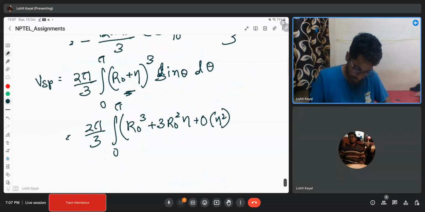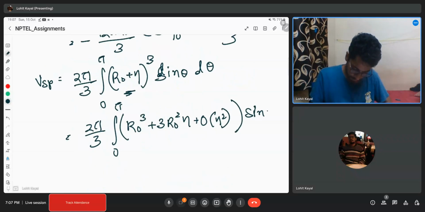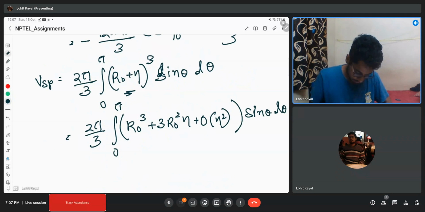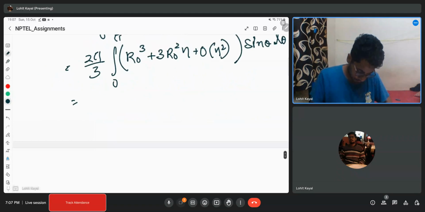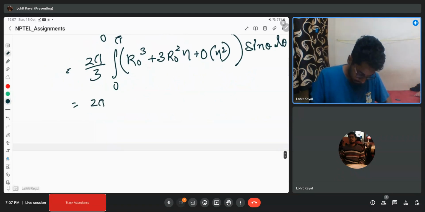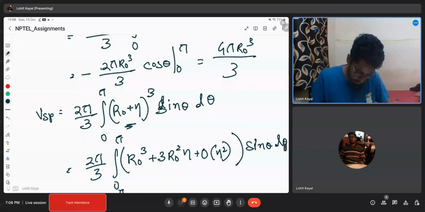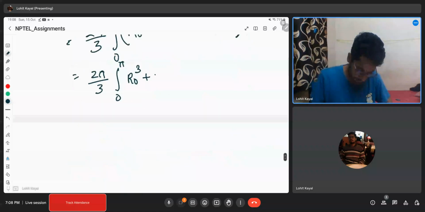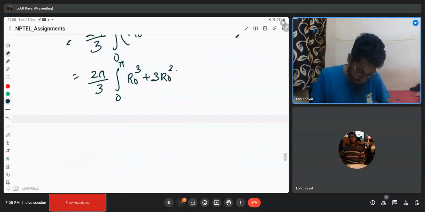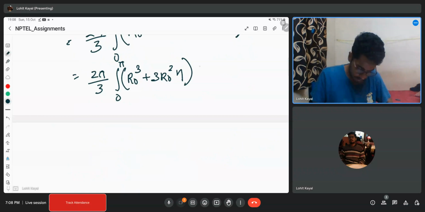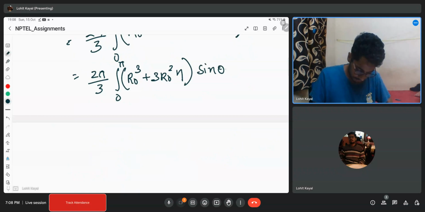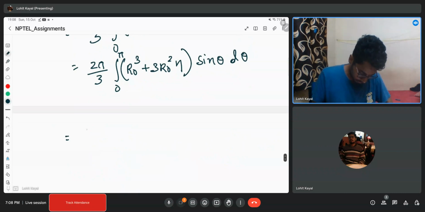We will consider only the linear terms, sine theta d theta, and it will be equal to 2 pi by 3, 0 to pi, r naught cubed plus 3 r naught squared eta, sine theta d theta. So we can divide it in two parts.